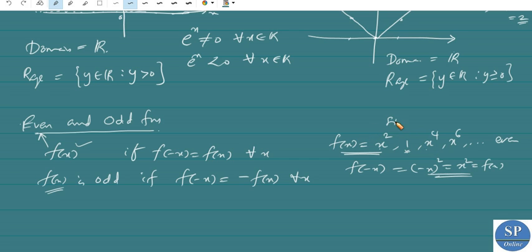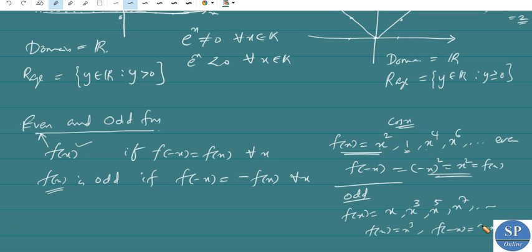Also, another example is cos x. Cos x is an even function. Now, for examples of odd functions, we can take f of x equal to x, that is, odd powers of x: x cube, x power 5, x power 7, etc. These are odd functions, because if you take f of x equal to x cube, then f of minus x will be minus x whole cube, that is minus x cube.